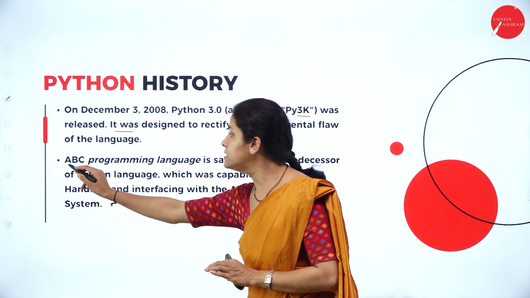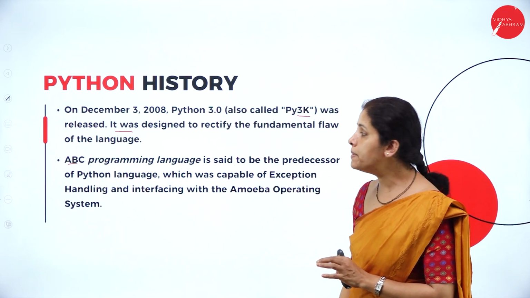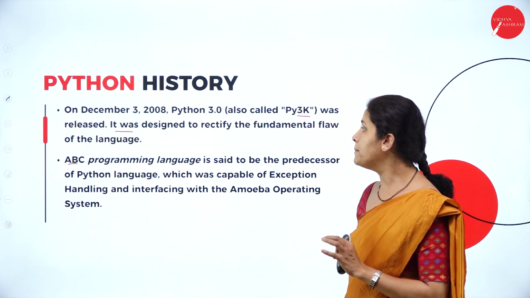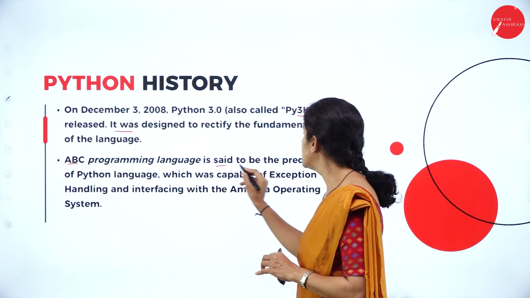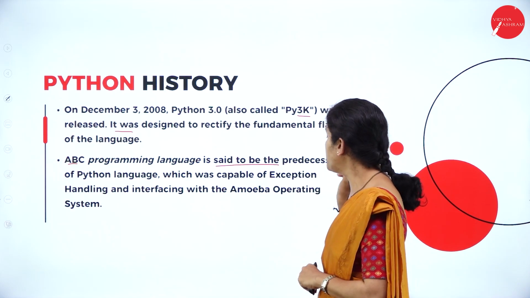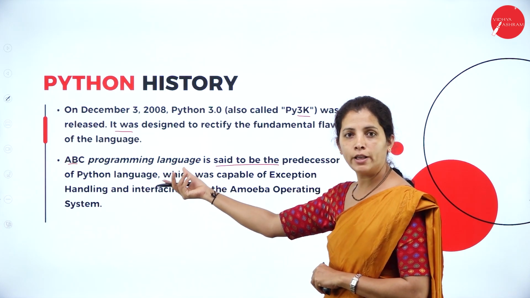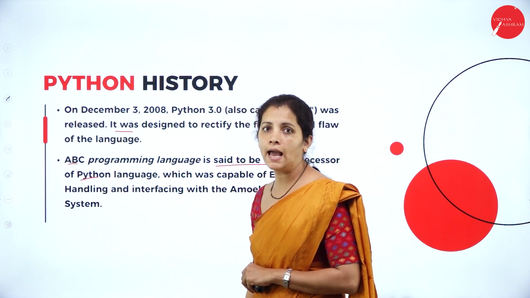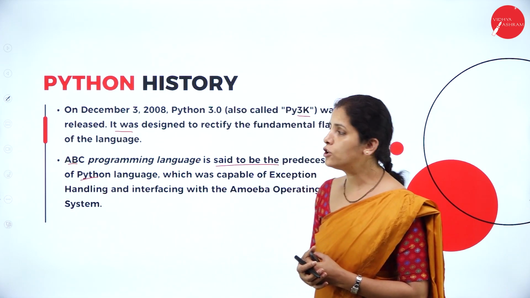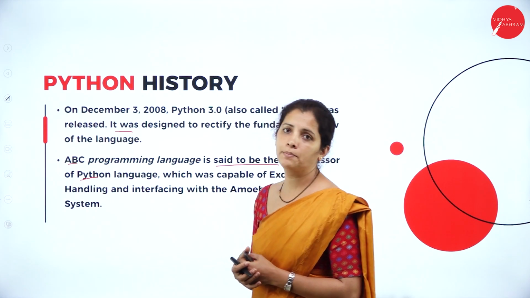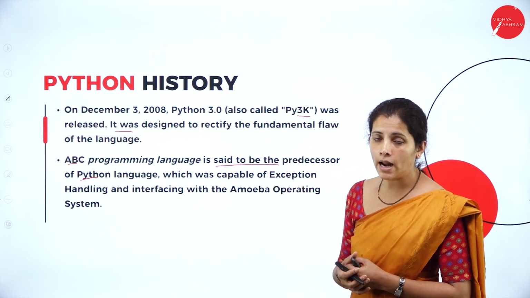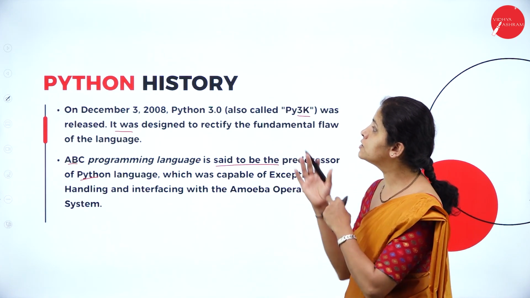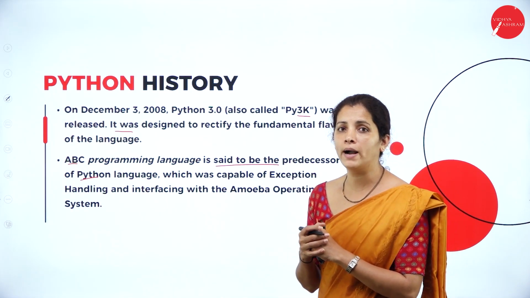And the ABC programming language is said to be the predecessor of Python. Before Python, the base for Python was nothing but the ABC programming language. So this is all about the history of Python.